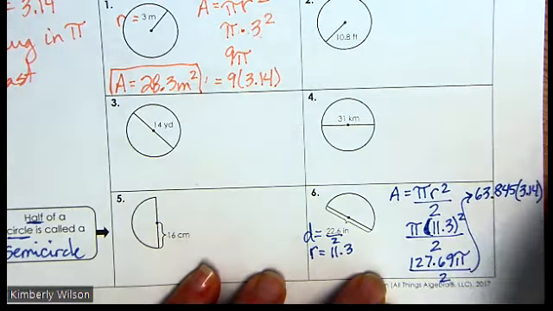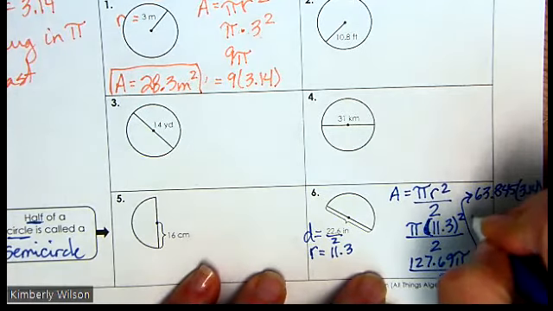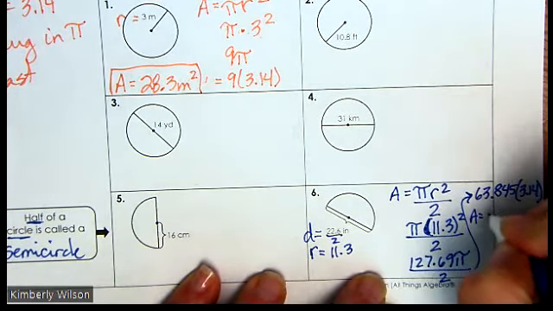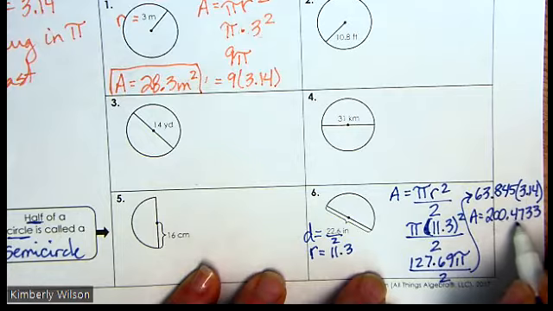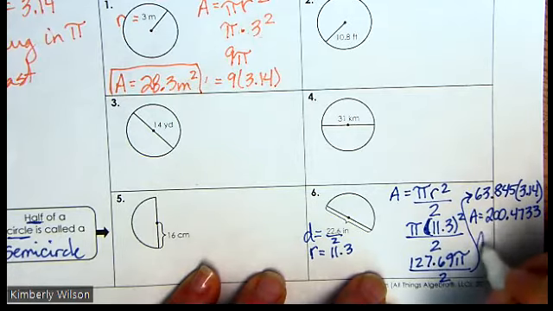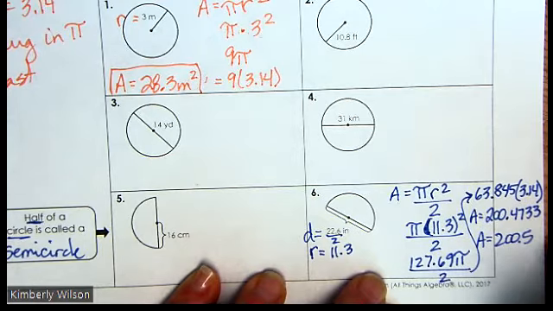We write all the decimals until the very end. And now I round to the tenths place. So my area number is 200.4733. I need to round to the tenths, so therefore this one's going to round up. So my area is 200.5 inches squared. Okay, next example.